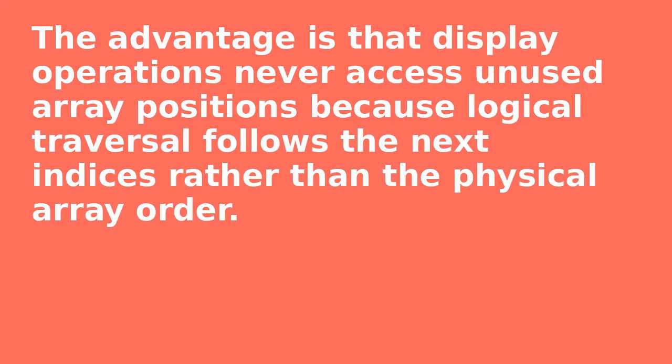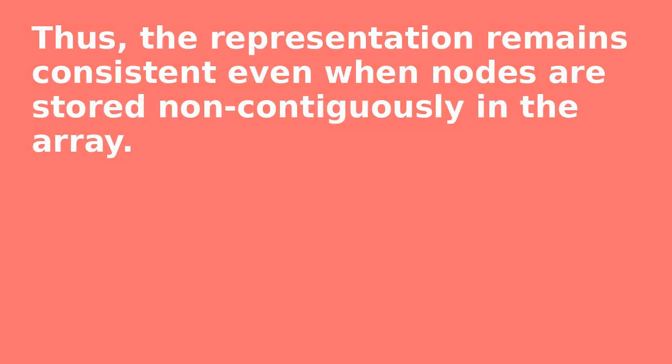The advantage is that display operations never access unused array positions because logical traversal follows the next indices rather than the physical array order. Thus, the representation remains consistent even when nodes are stored non-contiguously in the array.